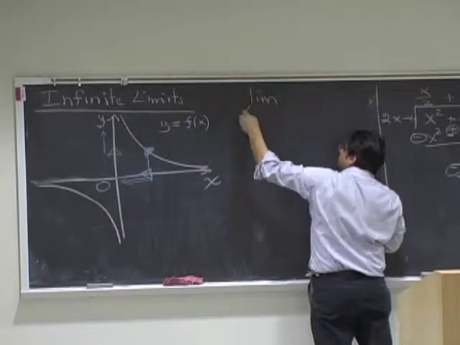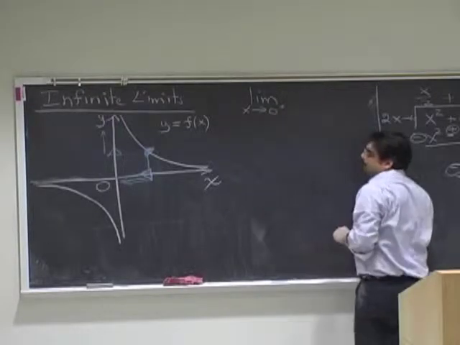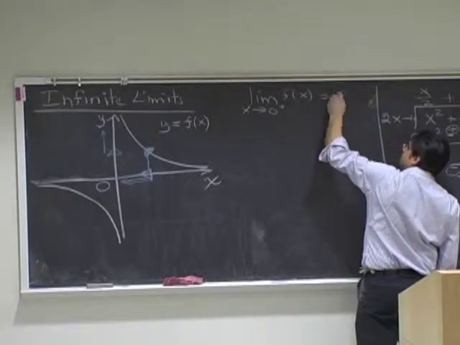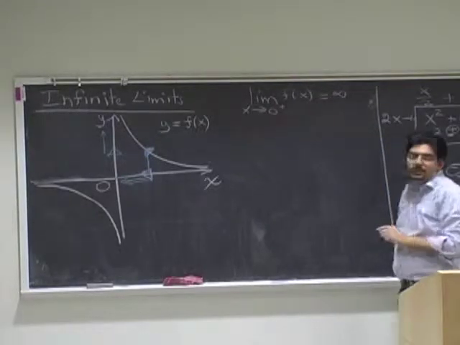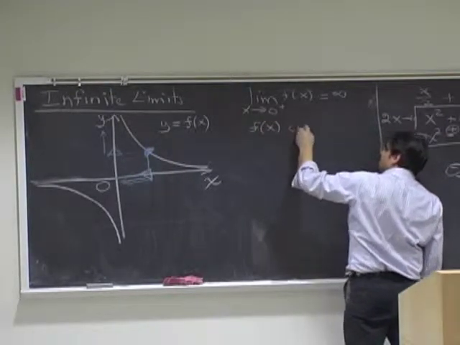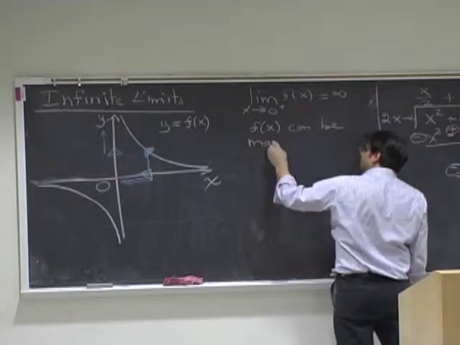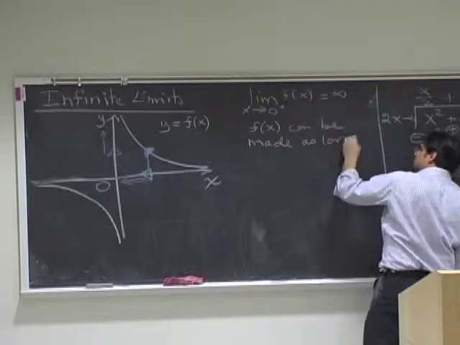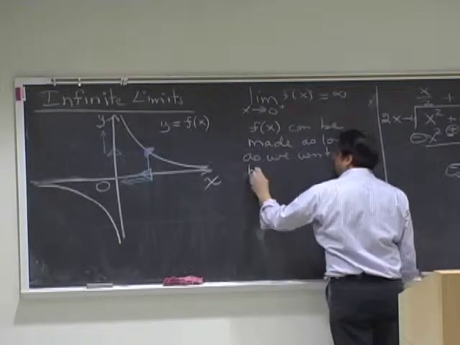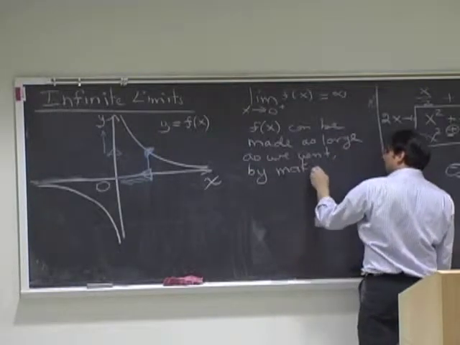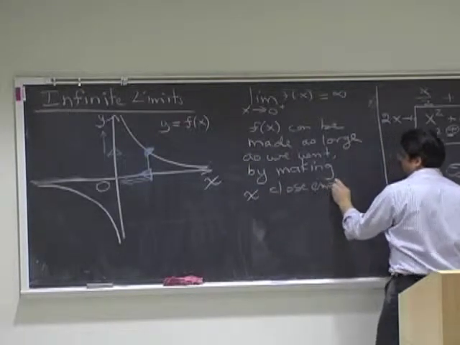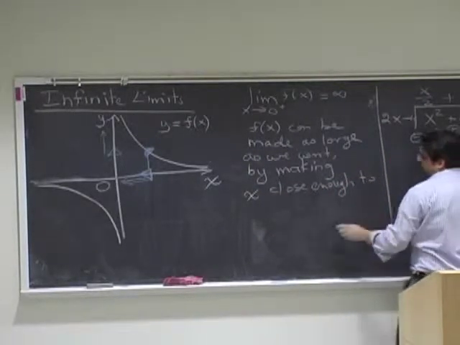To say the limit as x approaches 0 from the right, which is what this picture shows, of f of x equals infinity, I'll repeat what I said earlier, means that f of x can be made as large as we want by making x close enough to 0.